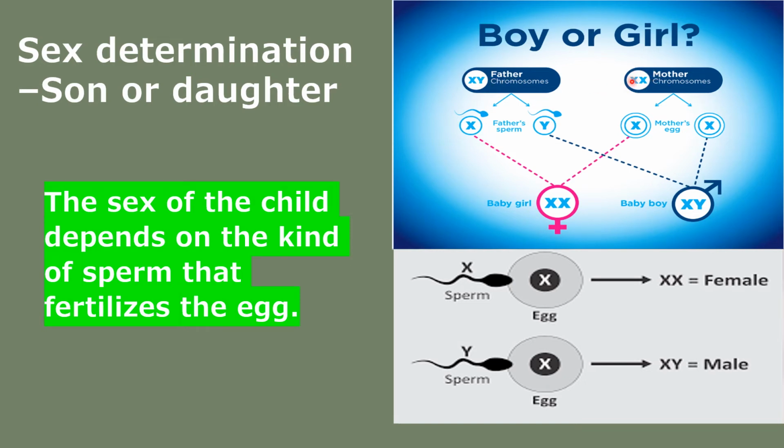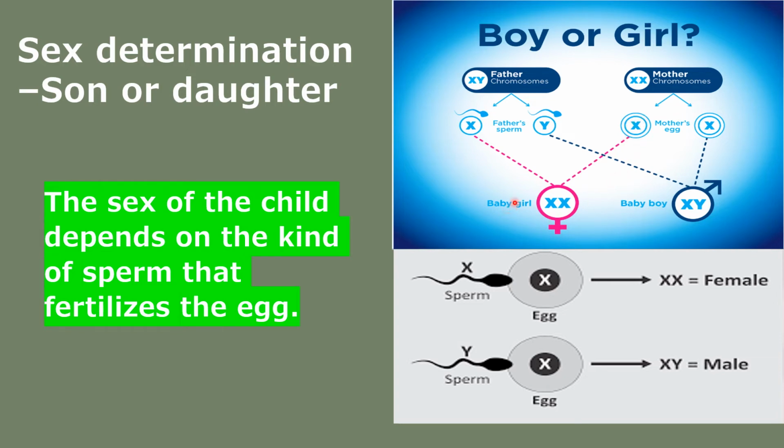X and X chromosomes, that is the sex chromosomes of the mother. At the time of meiotic division, the father produces two kinds of sperms, X sperm and Y sperm. But at the time of meiotic division, the mother produces only one kind of egg.